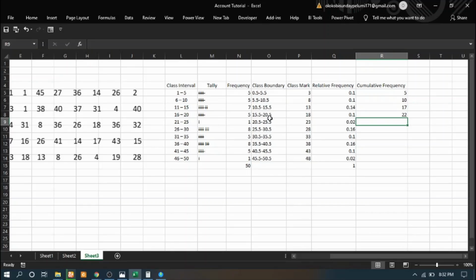So we can actually automate that if you want. So this will be 27, 31, 36, and then 44, 49, and then 50. So that's how to calculate the cumulative frequency.